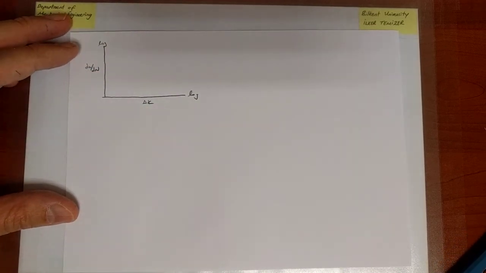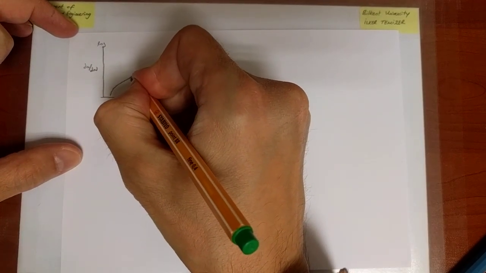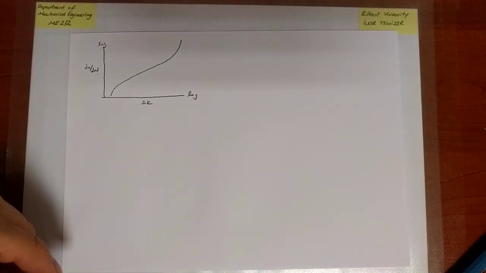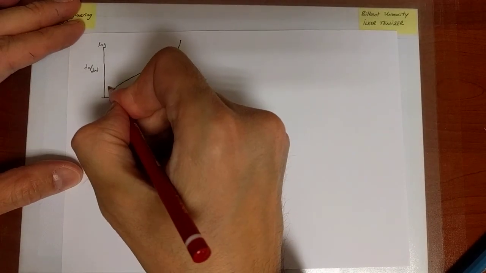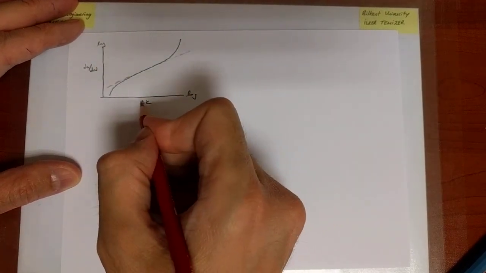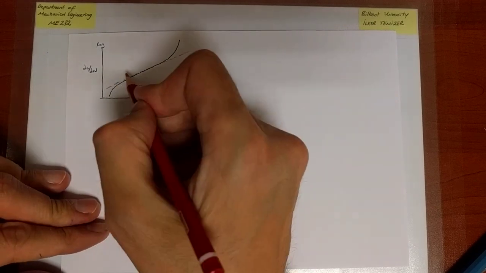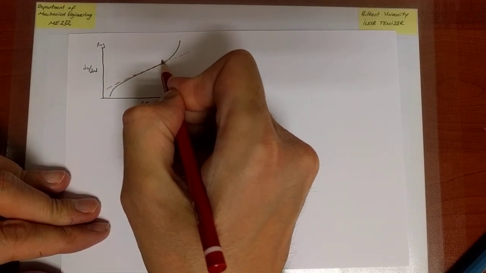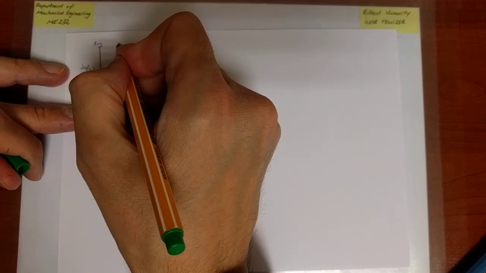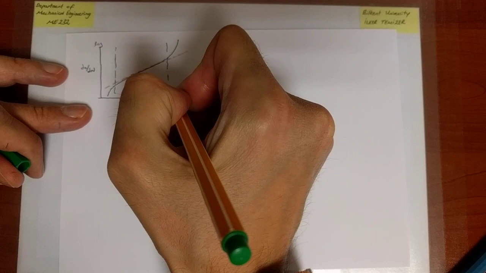It turns out that experiments reveal a line that is similar to this green line, whereas the Paris equation predicts a line that is flat in the log delta K versus dA/dN plot. So now, therefore, we have split the regime into three parts: the low, the intermediate, and the high regime.